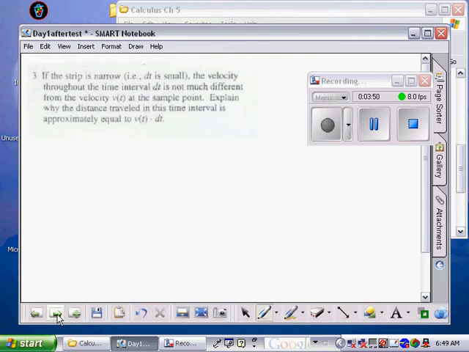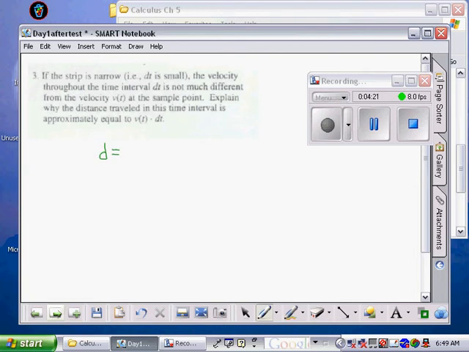So, next question. If the strip is narrow, i.e. dt is small, the velocity throughout the time interval dt is not much different from the velocity, the v of t, that we labeled on our point. Explain why the distance traveled in this time interval is approximately equal to v of t times dt. Think about your strip there.